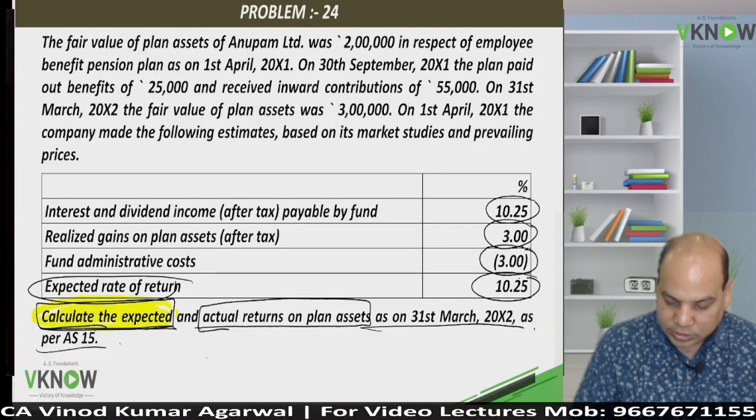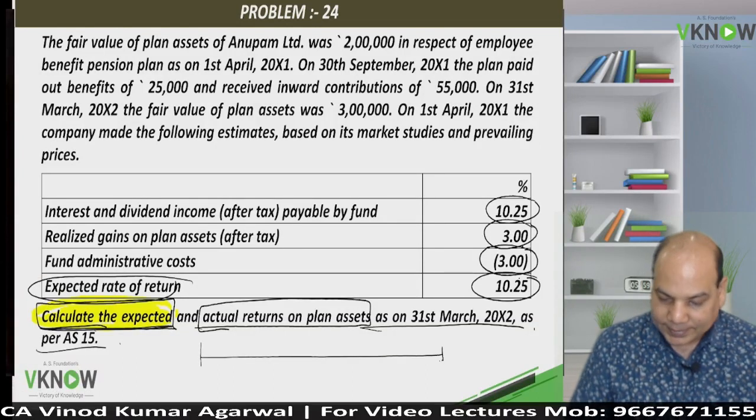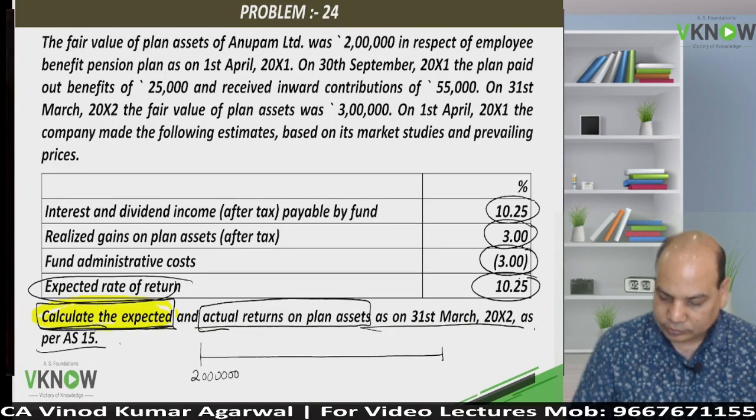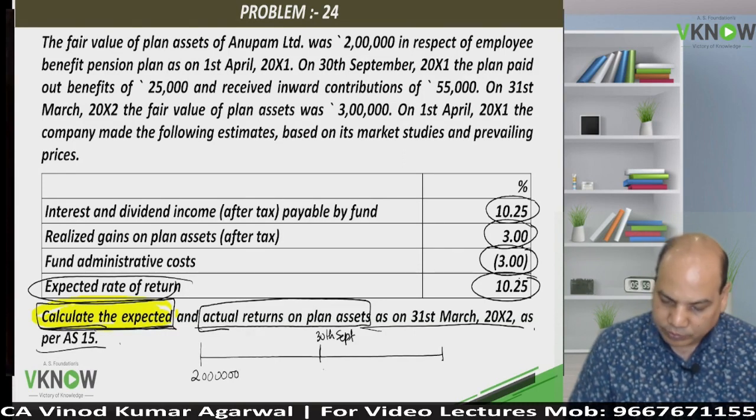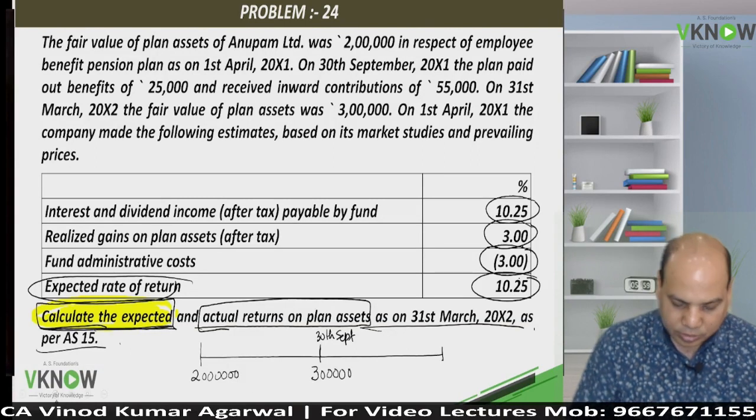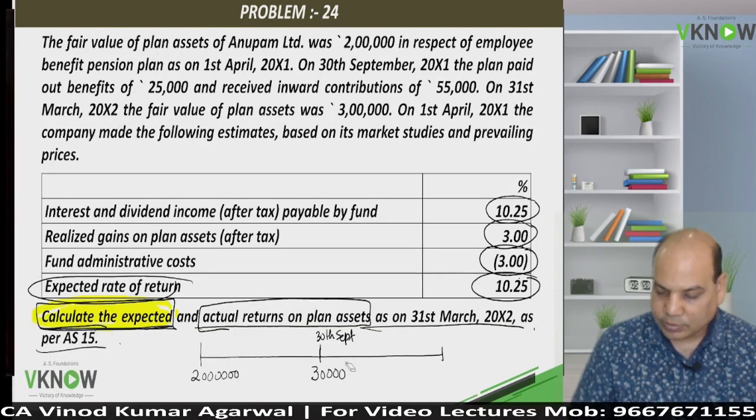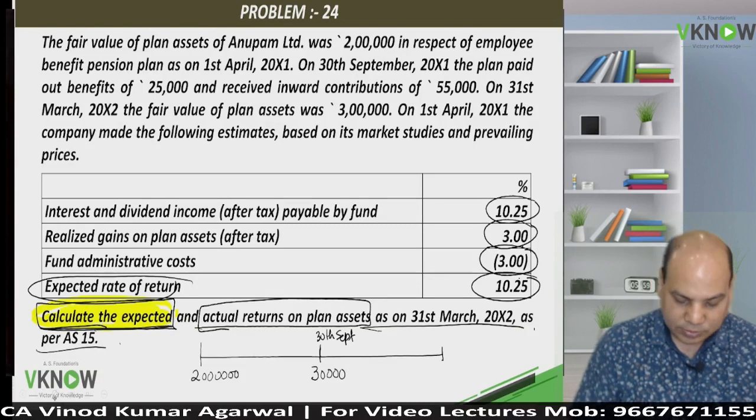At the beginning we had 2 lakh rupees in the plan asset. Then on 30th September, in the middle of the year, 30,000 rupees was added to the plan asset.